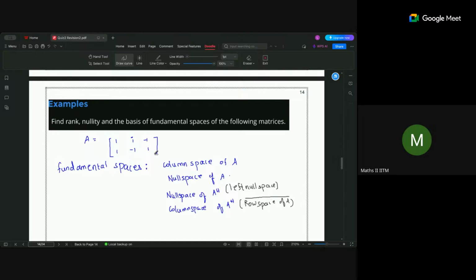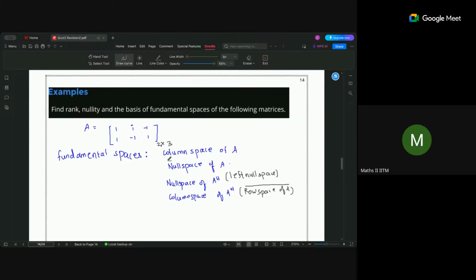Now, what is the size of this matrix? This is a 2 cross 3 matrix. So what is the rank of this matrix? The rank is 2, right? Because you have two linearly independent rows here. If you want a better confirmation, you can do row reduction and confirm it.